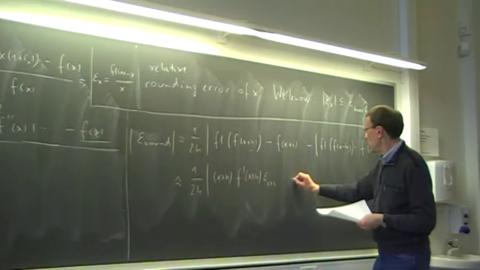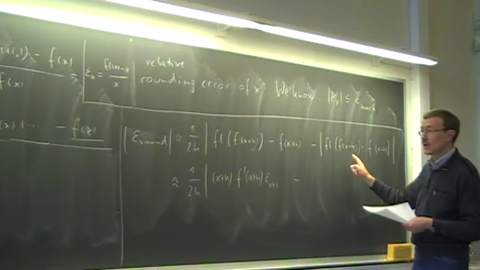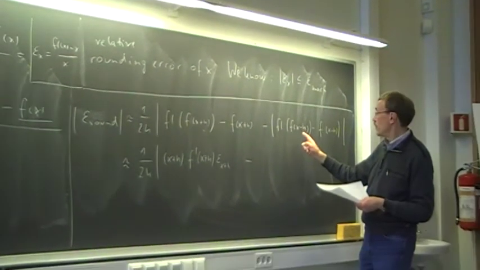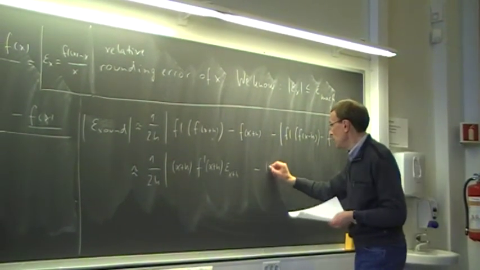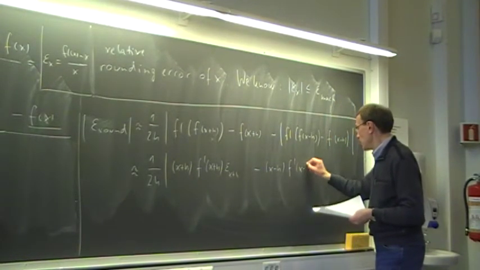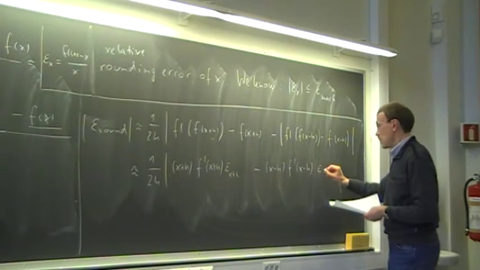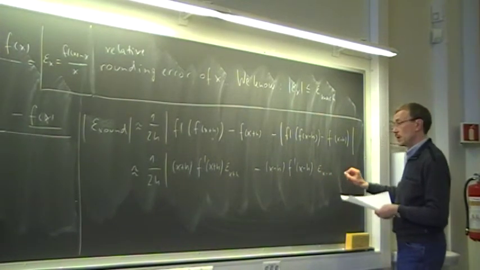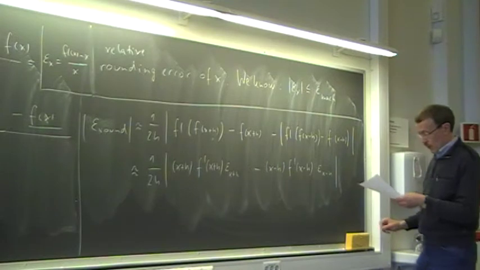Similarly, we get the formula for the floating point error of f of x minus h. That gives then x minus h, f prime of x minus h times epsilon of x minus h. So then we have that.